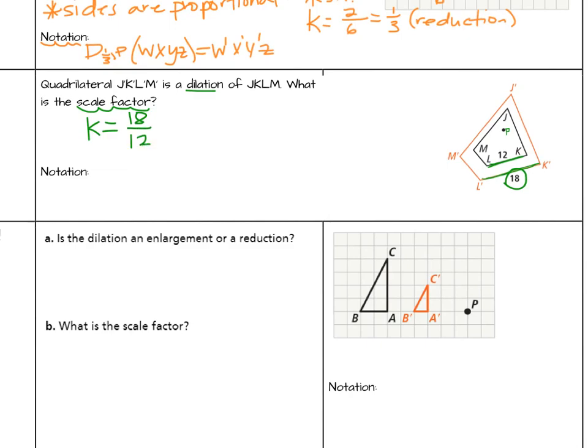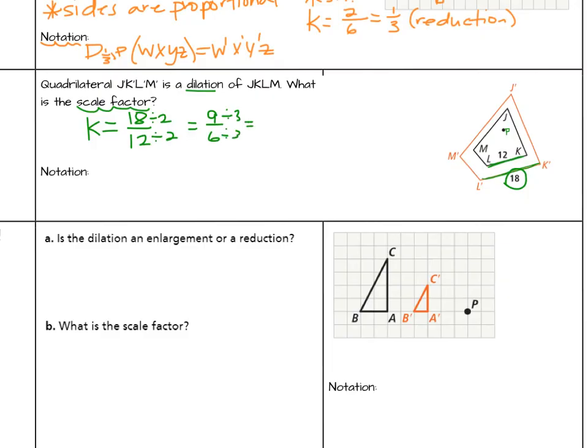So here's where it gets a little crazy. We've got to reduce this fraction. Both of the numbers are even, so I can divide them both by 2. That's pretty easy. 18 divided by 2 is 9. 12 divided by 2 is 6. Well, 6 is even, but 9 isn't. So 2 doesn't go into both of them, but 3 does. We want to make sure we can simplify this fraction into its smallest terms.